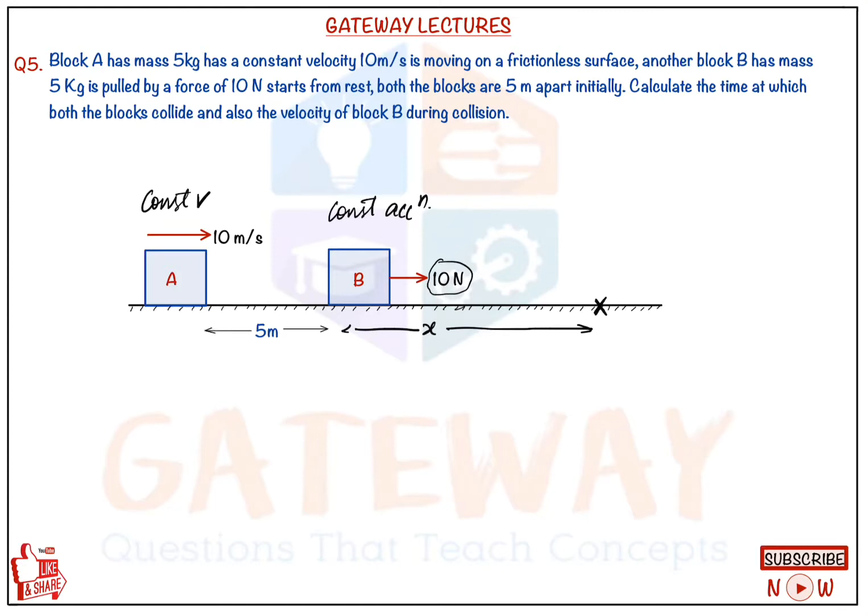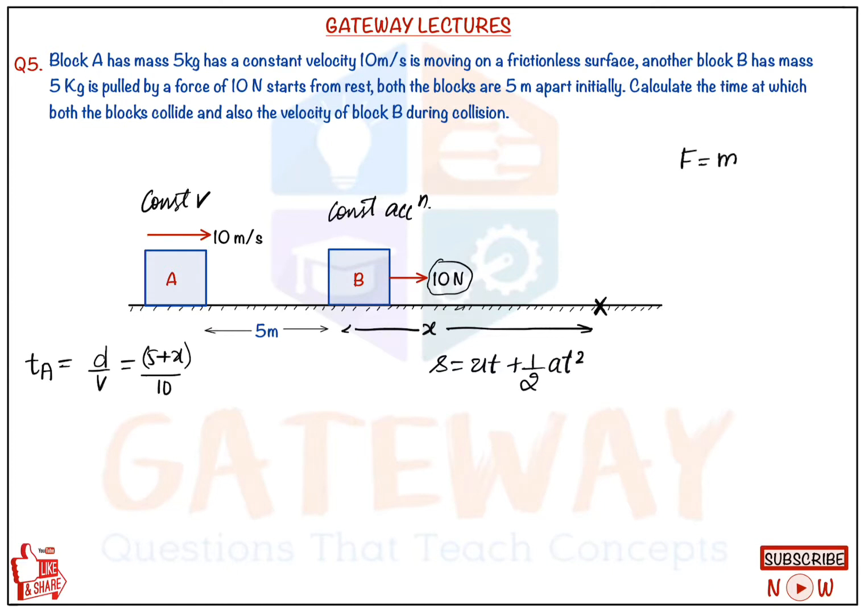To calculate TA, since block A has a constant velocity, d is equal to vt, so t is equal to d upon v, and d is nothing but 5 plus x, upon v, which is 10 meter per second. Similarly, for TB we can take s is equal to ut plus half at squared. Before doing that, we can calculate the acceleration.